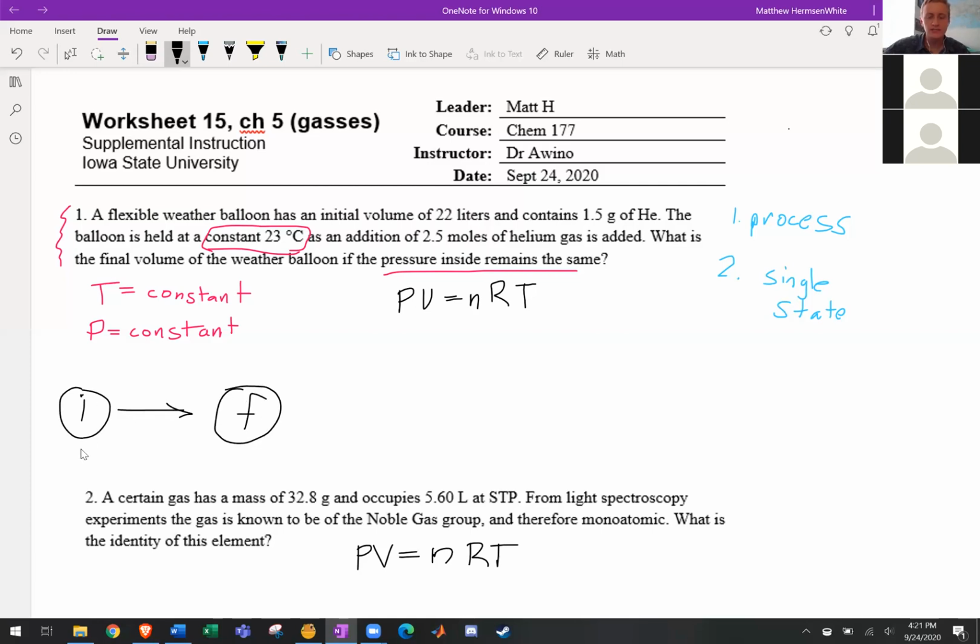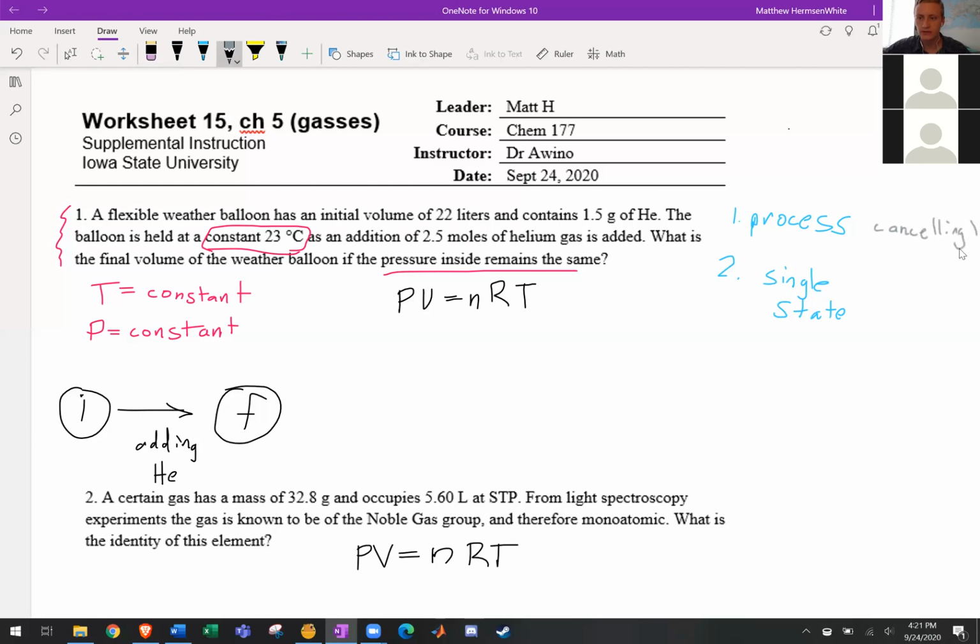So the initial state was when we have 22 liters and 1.5 grams. And then in here, we're adding helium. And we're going to our final state, which has a different volume and a different amount of helium in it.